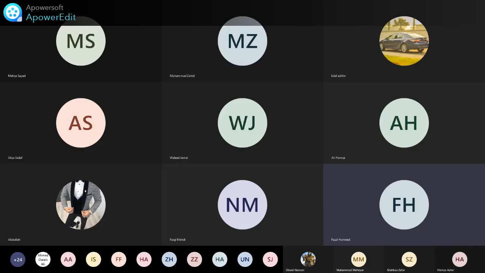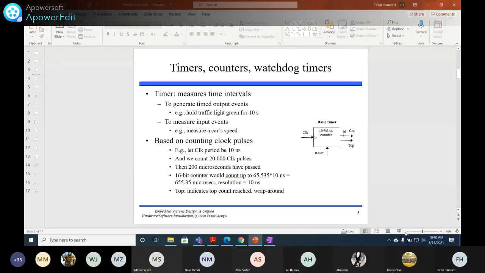Counter, timer. What is a timer? What's a timer interval, and how does the timer work?